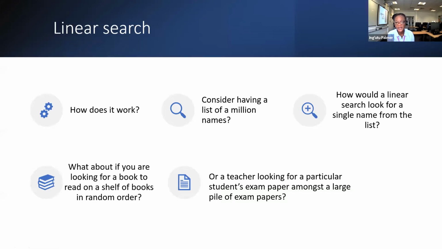Or what if a teacher is looking for a particular student's exam paper amongst a large pile of exam papers? How would that work? With a linear approach, it's doing it, as I said, from the beginning of the list, looking at each item before moving on to the next. Now that would work fine for small lists, but if you have 1 million items or 1 billion items, that would take forever.